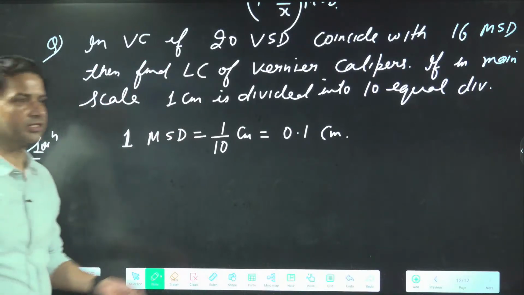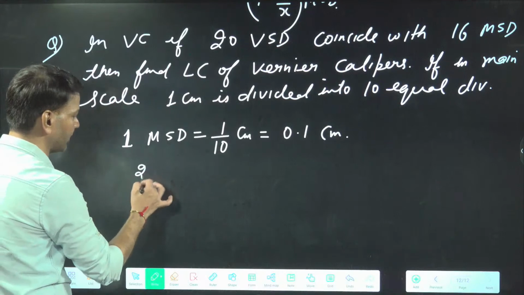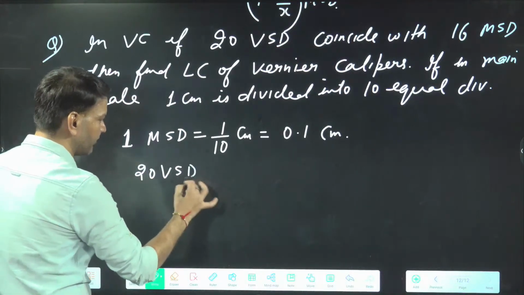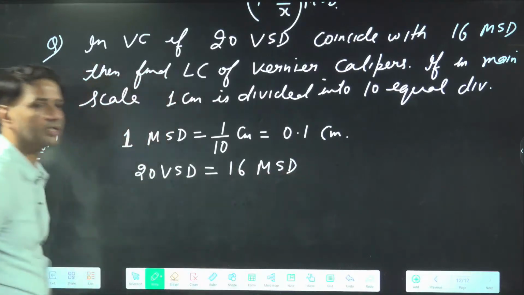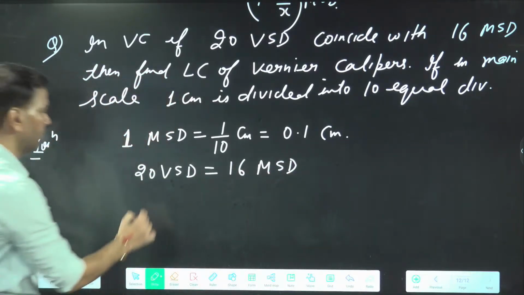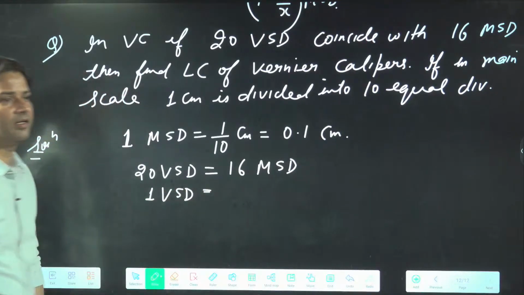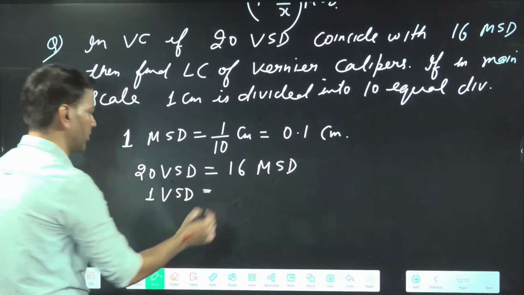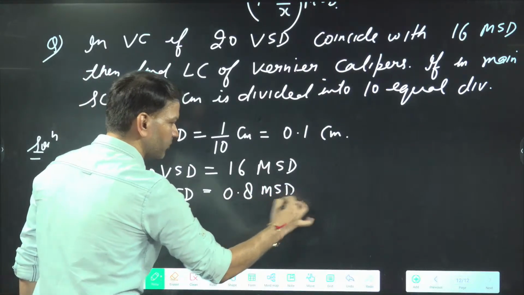Now for the VSD they have given 20 VSD is equal to 16 MSD. So we can say what? 20 Vernier scale divisions is equal to 16 main scale divisions. Then 1 Vernier scale division, what will you get? 16 by 20. 16 by 20 is equal to what? 0.8 main scale division.